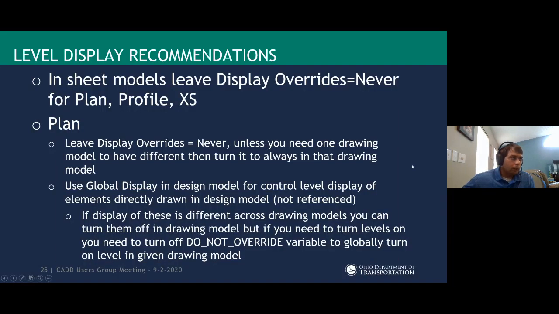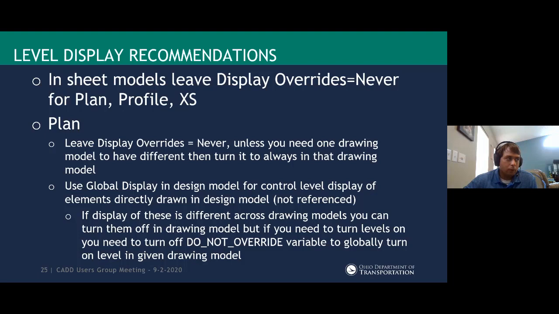Okay, so I know that was a lot of stuff, so I thought I'd put together a couple slides for what I think is going to be the easiest way to control this stuff. First off, I think display overrides equal never is probably the best way to go with everything, so you should leave that at never.